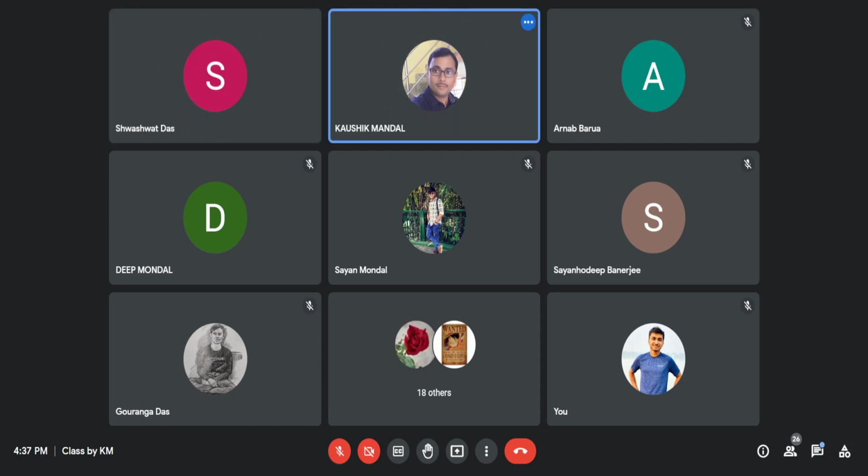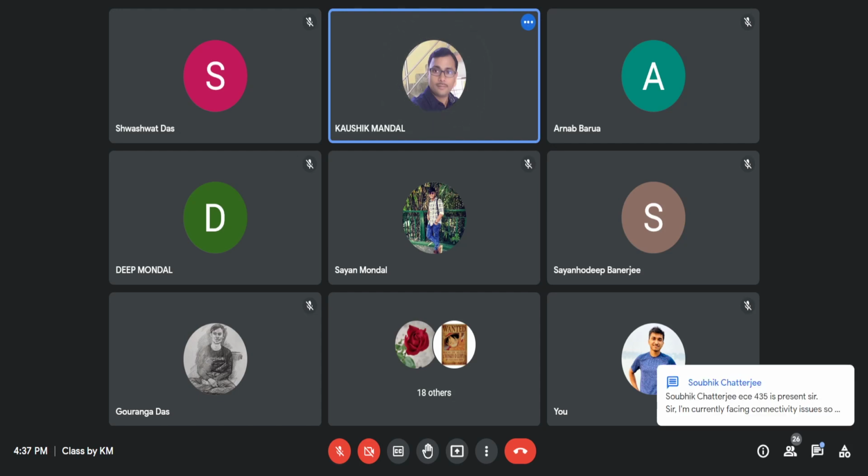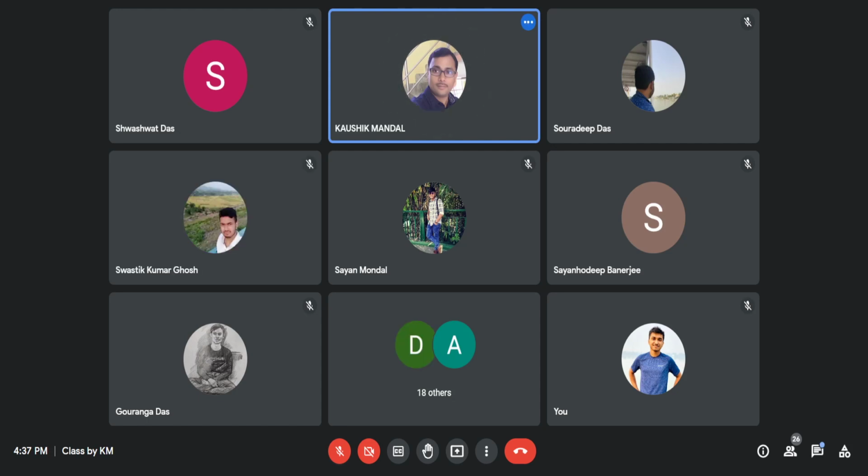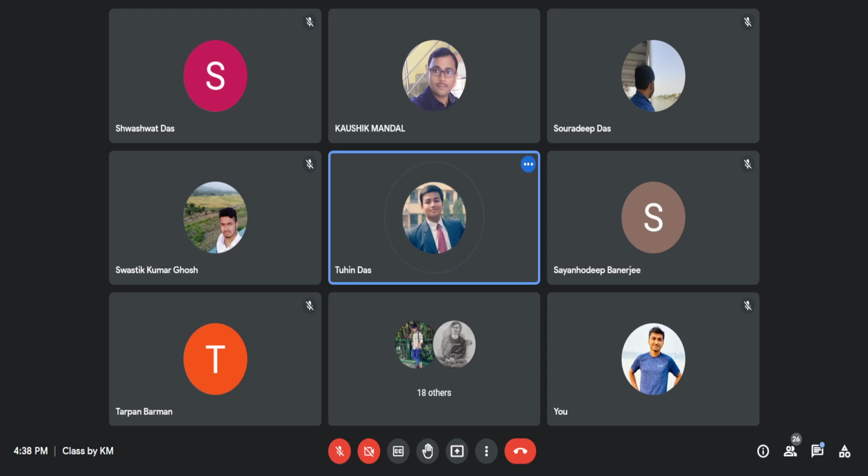Shouvik Chatterjee, absent. Sorodip Das, present, sir. Swastik Kumar Ghosh, present, sir. Tuhid, present, sir.